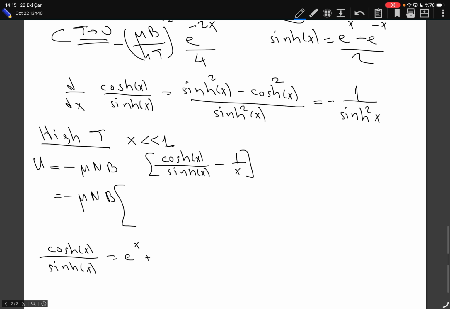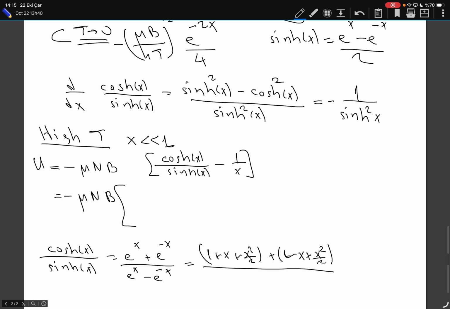This is e to the power x plus e to the power minus x, divided by e to the power x minus e to the power minus x. Let me just expand the exponents up to x squared. 1 plus x plus x squared over 2 plus 1 minus x plus x squared over 2, divided by 1 plus the difference.